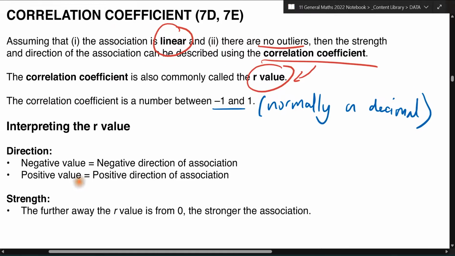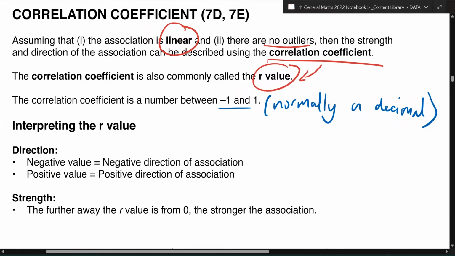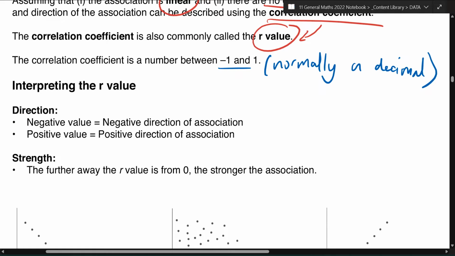The reason it's between -1 and 1 is because when you have a negative correlation coefficient, it's going to be a negative graph. What do you think will happen if you have a positive number? It'll be a positive graph. So if it's a negative number, it's a negative graph, or it's going downwards. If it's a positive number, it's going upwards. So how do we then interpret it?